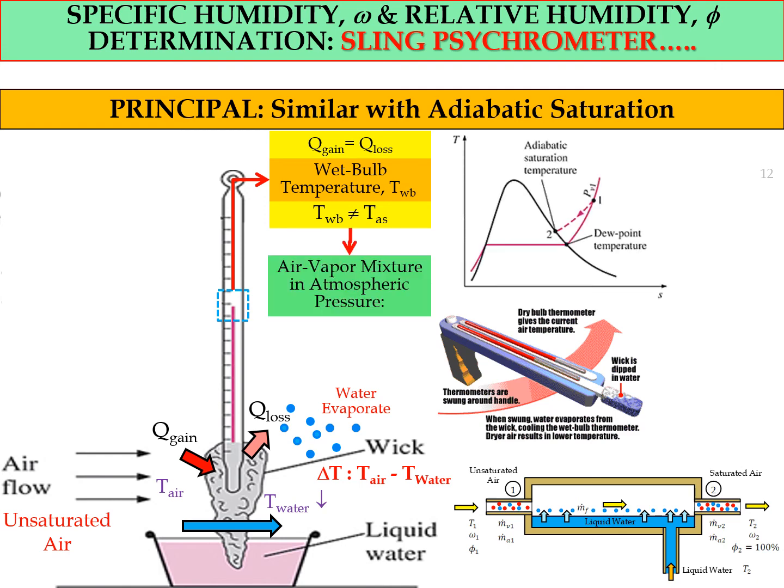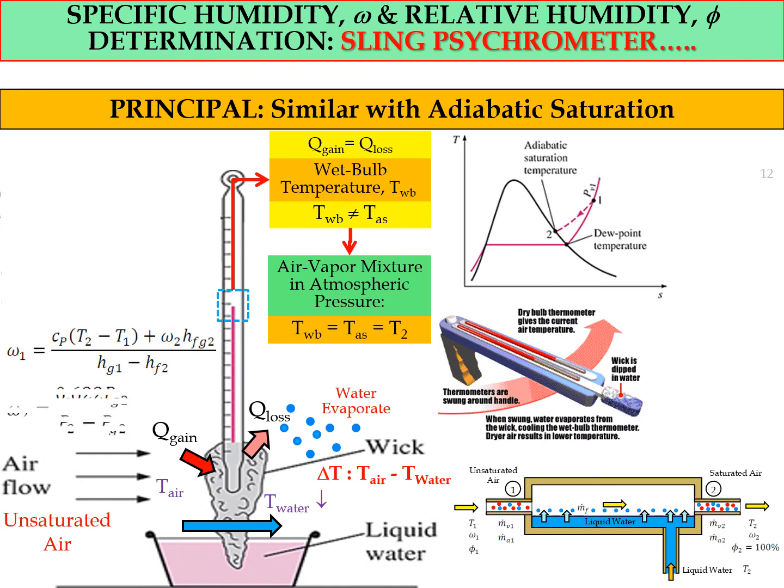However, for an air-vapor mixture at atmospheric pressure, the wet bulb temperature and the adiabatic saturation temperature are approximately equal. So from this equation, which we derived in the previous slide, omega 1 is equal to c_p times (T2 minus T1) plus omega 2 h_fg2, divided by h_g1 minus h_f2. And omega 2, the specific humidity at state 2, is equal to 0.622 P_g2 divided by (P2 minus P_g2).